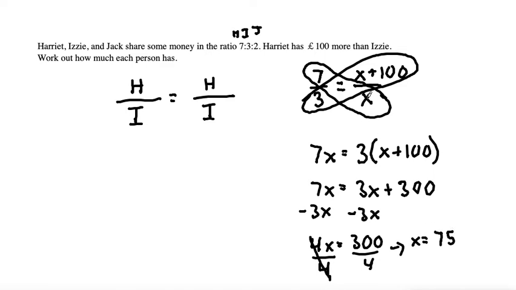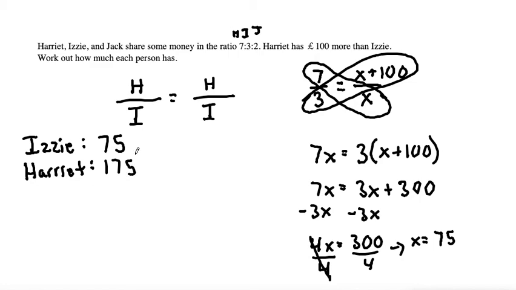So since x represented the amount of money that Izzie has, we know that Izzie has 75 pounds. And since Harriet has x plus 100 pounds, that means that Harriet would have 75 plus 100, or 175 pounds.